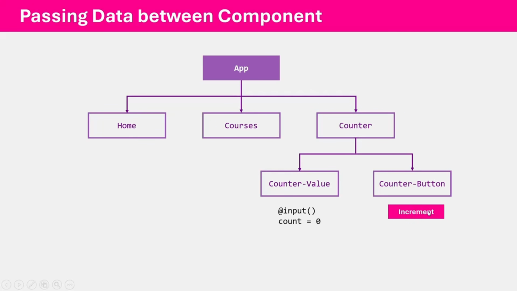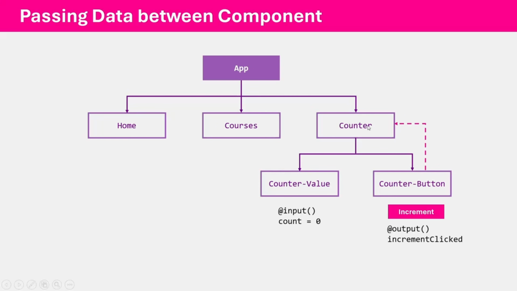So what we are doing is, whenever this increment button is clicked, we are emitting an event from the counter button component. We are calling that event increment clicked. And since it is an output property, we can bind this increment clicked event in the parent component.